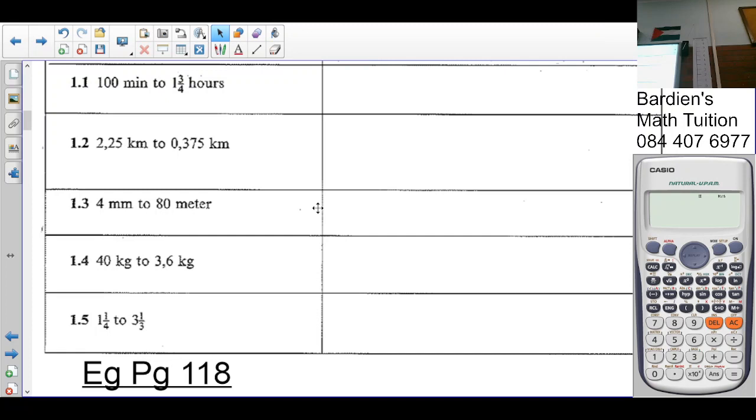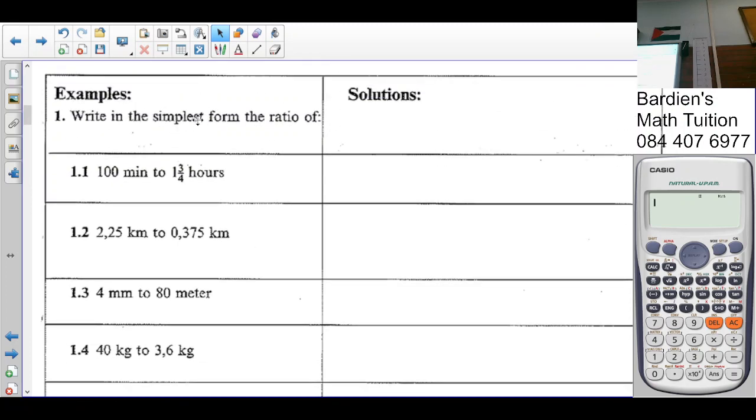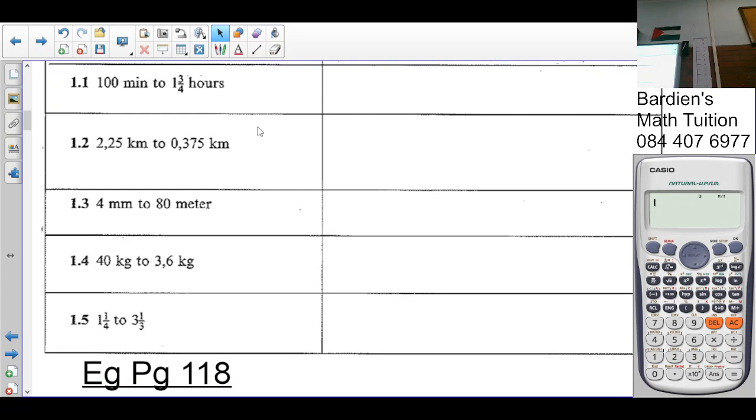The instruction was to write the ratio in the simplest form. So when we start this off, firstly 100 minutes is to 1 3/4 of an hour.